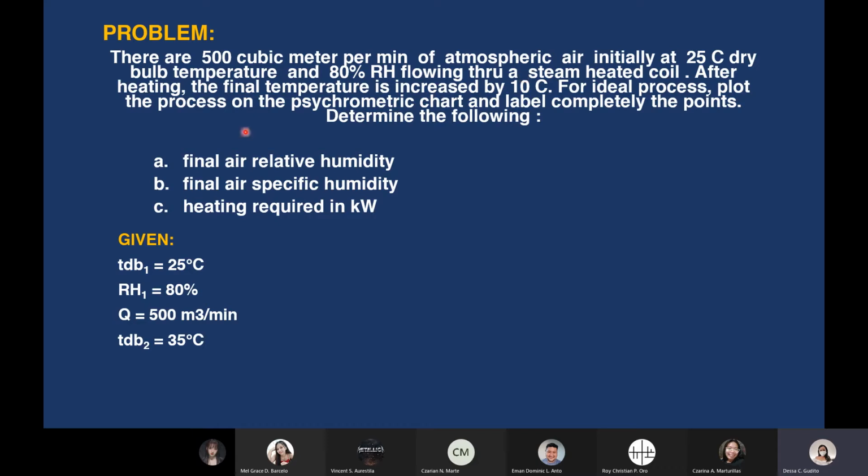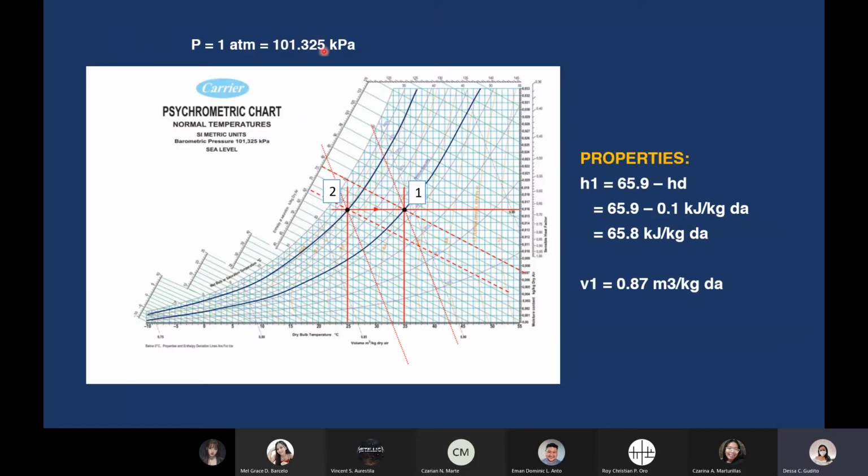So for this one, the relative humidity and the specific humidity, we can plot on the psychrometric chart. And then for the heating required, we will use the formula stated a while ago. So Q is equal to mass of dry air times H2 minus H1. Also important, noting that it is atmospheric air, so P is equal to 1 atmosphere or 101.325 kilopascals.